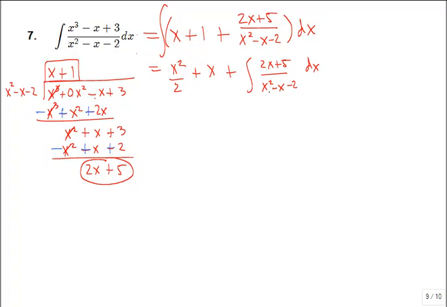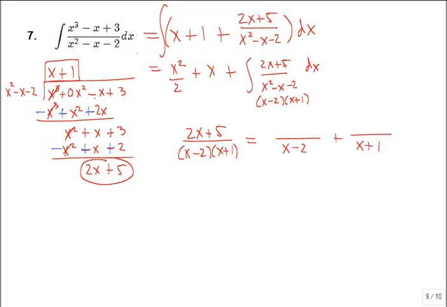So you can potentially do partial fraction decomposition on this if that denominator factors, which it does. It becomes x minus 2 times x plus 1. So we're going to do a little partial fraction decomposition on just this last part over here, this remainder fraction. So let's take 2x plus 5 over (x minus 2)(x plus 1), and let's decompose it into a fraction with an x minus 2 and a fraction with an x plus 1.